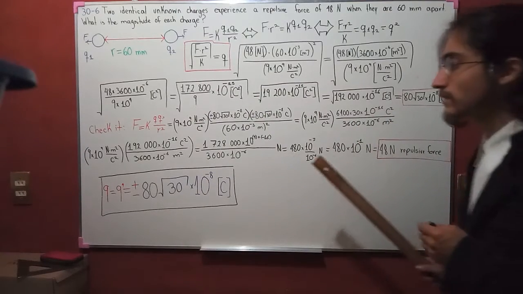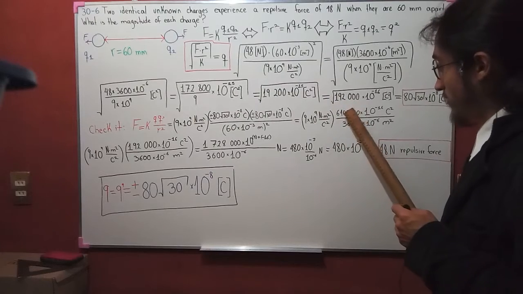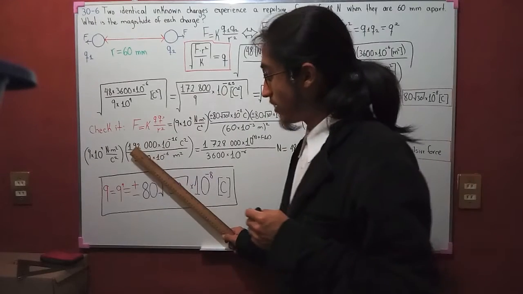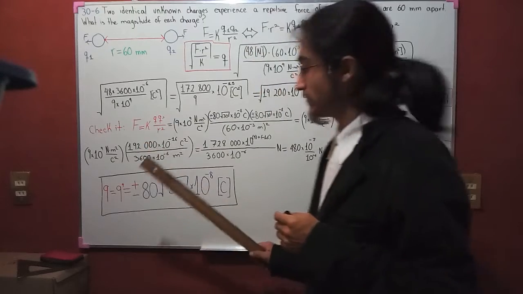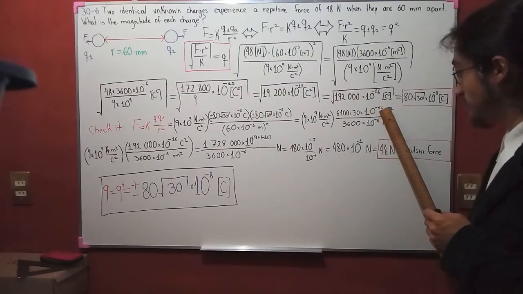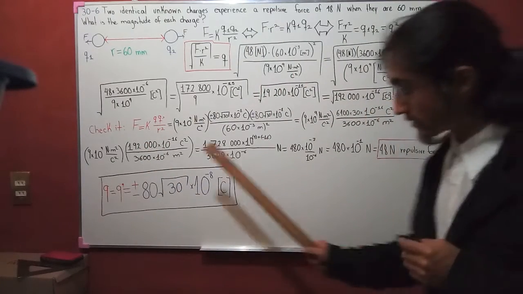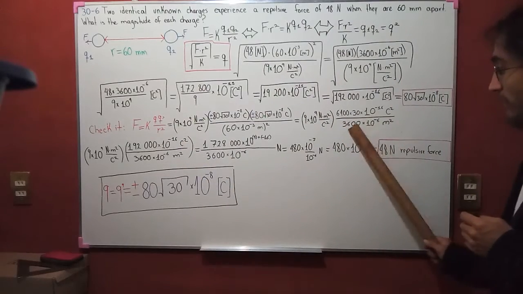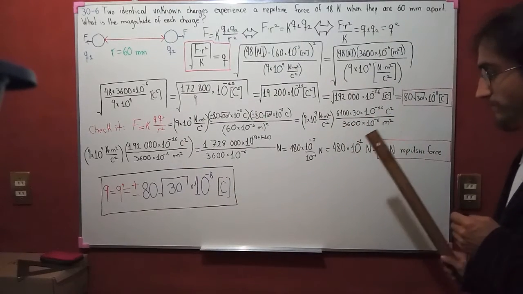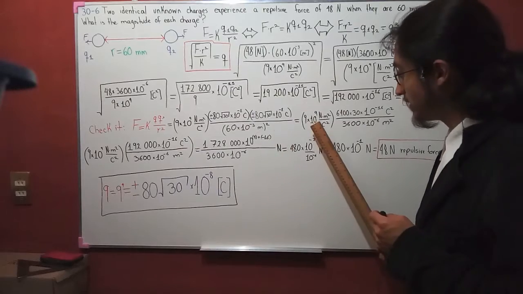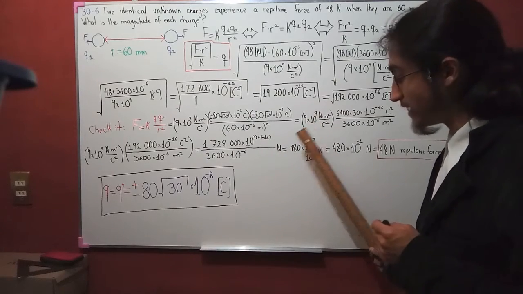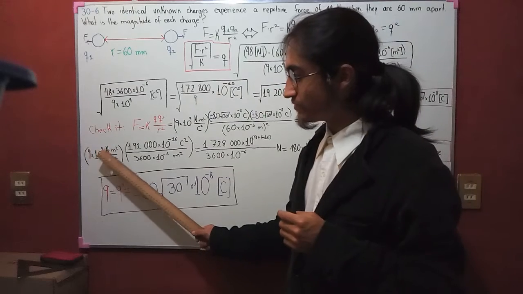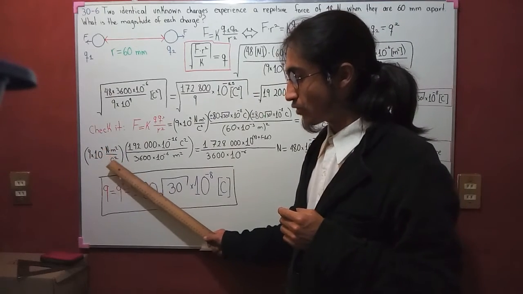Now 6,400 multiplying 30 equals 192,000, multiplying 10 raised to the power of negative 16 Coulomb squared, divided by this same number in the denominator, and multiplied by the constant of Coulomb K, 9 times 10 raised to the power of 9 Newton meter squared divided by Coulomb squared.